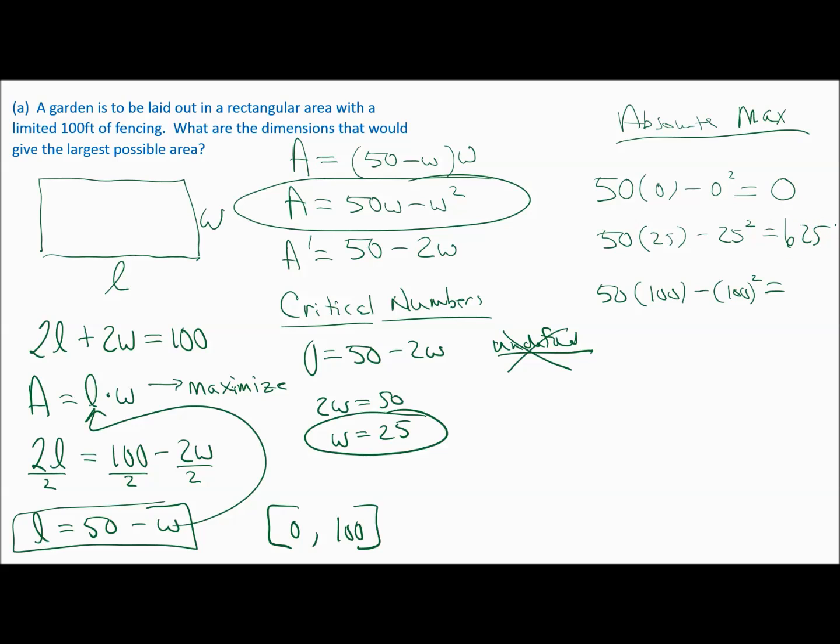And then I have 50 times 100 minus 100 squared, and that gives me negative 5,000. Well, that's just wrong, right? We have an area that's negative, so that's not happening. That situation doesn't even make sense. The biggest of these values is your 625. The smallest of these values is your minimum. It didn't ask for the minimum, it asked for the maximum, okay?